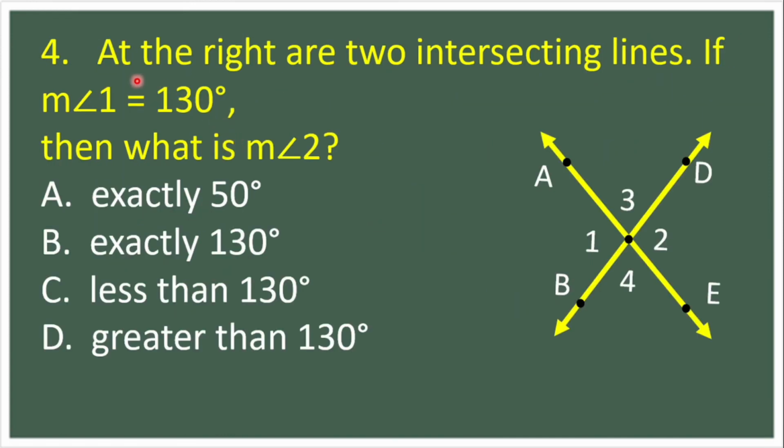Number 4, at the right are two intersecting lines. If measure of angle 1 is 130 degrees, then what is the measure of angle 2? So, ito yung ating figure. Etong angle 1 daw ay 130 degrees. Ano ang measurement ng angle 2? Okay, ang relationship nila, they are vertical angles. So, according to the theorem, vertical angles are congruent. So, ang sagot natin dyan ay exactly 130 degrees.